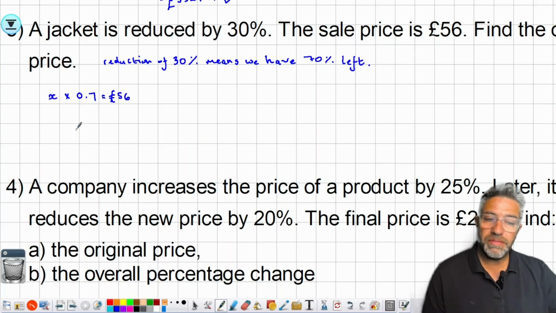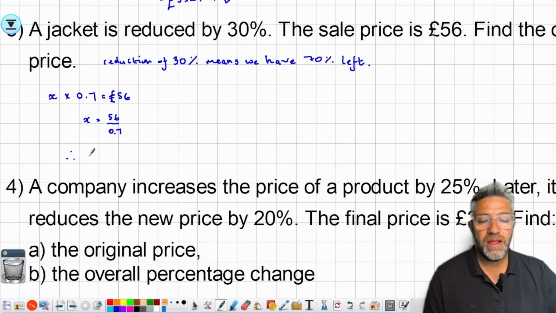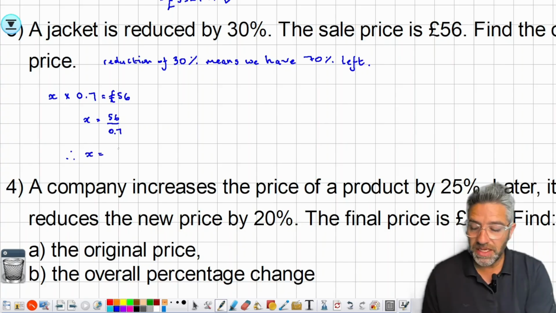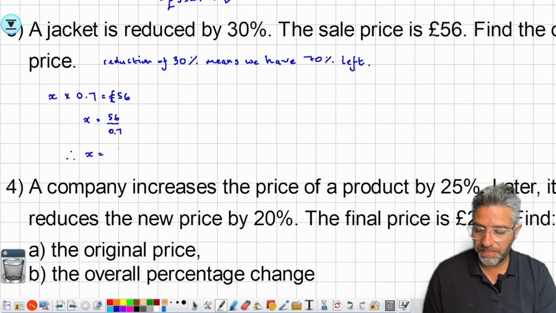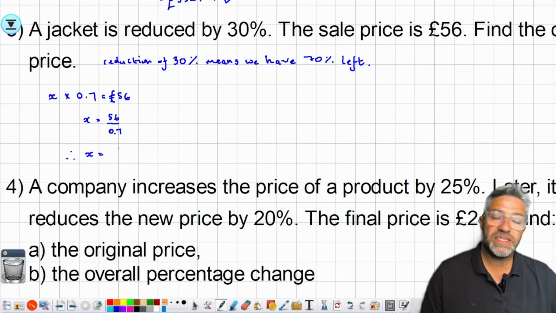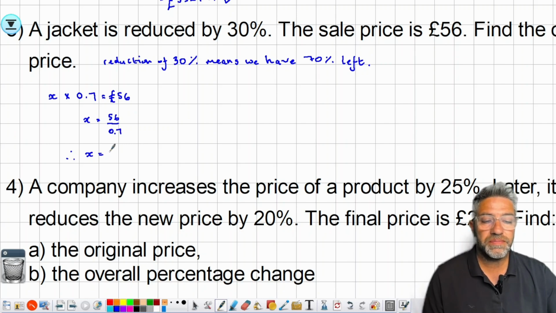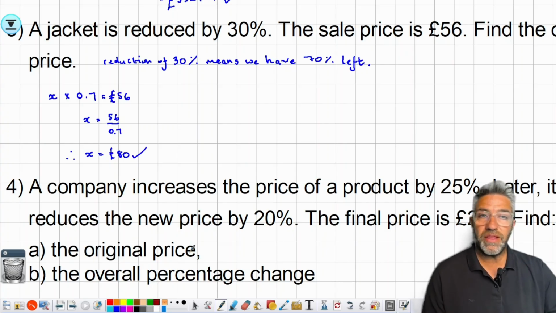Well, now very simply, by our knowledge of equations, we can say that X equals 56, the inverse of multiply by 0.7 would be to divide by 0.7. Therefore, X equals, again, take your calculator, just get familiar with it, 56 divided by 0.7 equals £80.